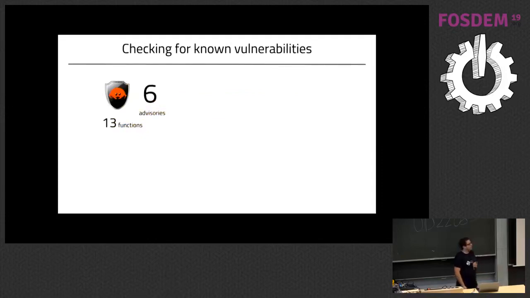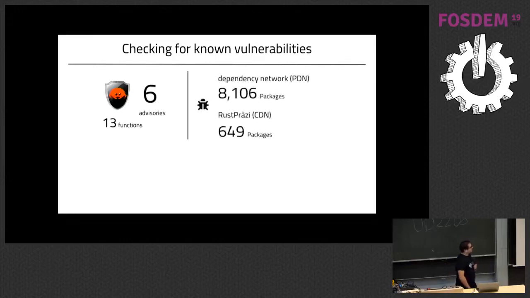At that point in time, they had 6 advisories, and from those advisories, I could extract 13 functions that were affected by some form of vulnerability. I did this using both a regular dependency checker, which means I looked just at the package information, which I showed before, and then using my Rust Präzi to see the number of packages.